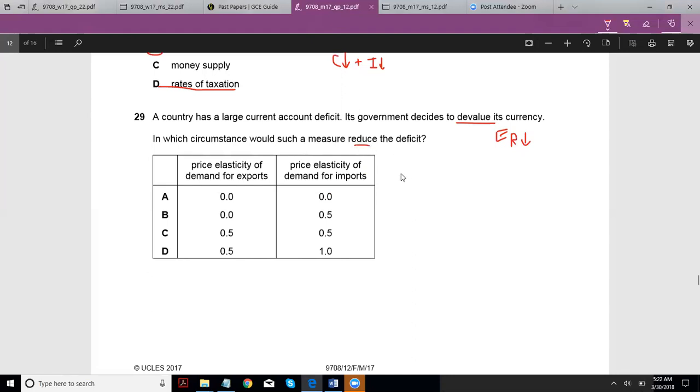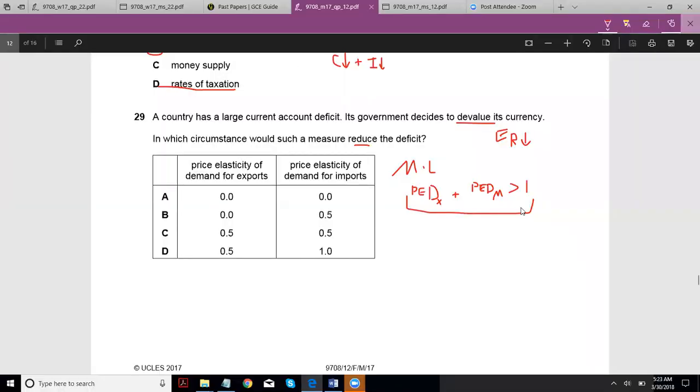If you remember the Marshall-Lerner condition, it stated that the elasticity of exports and imports, if you add them, so the PED of exports plus the PED of imports, if that was greater than 1, meaning these were either elastic or to the more elastic end of the inelastic spectrum, basically not highly inelastic, more of elastic types.